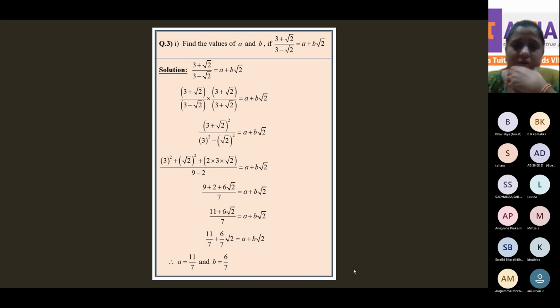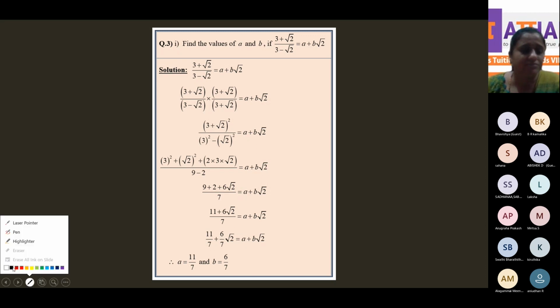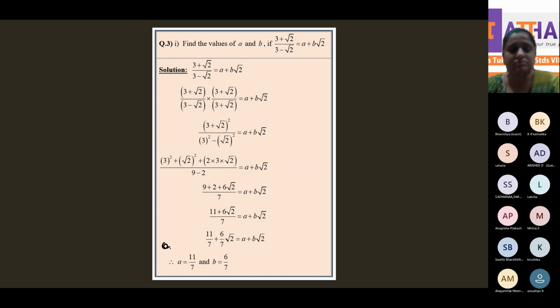Exactly what I explained, or what you people said, is here. On comparing both sides, we get a is equal to 11 by 7, and b root 2 is equal to 6 by 7 root 2.